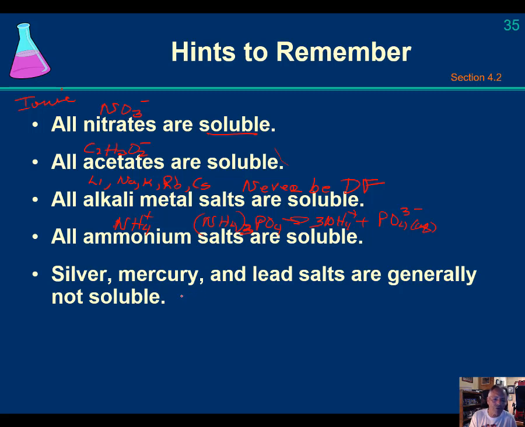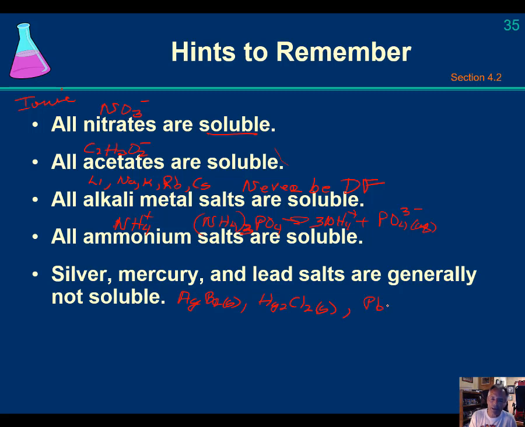All right, so if you see silver, let's make a couple up, silver bromide, that on the product side is a driving force. It's not soluble. If you see mercury chloride, that is a solid on the product side. That is a driving force for a metathesis reaction.